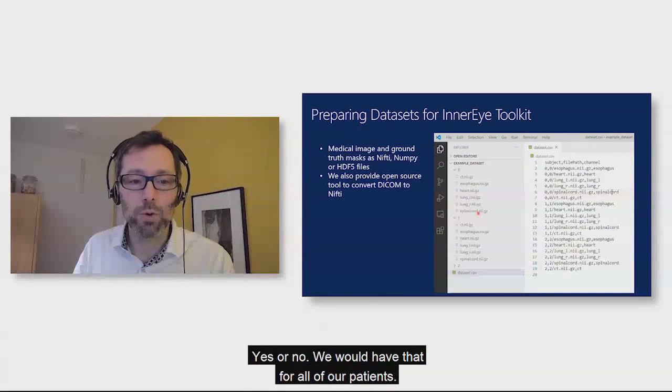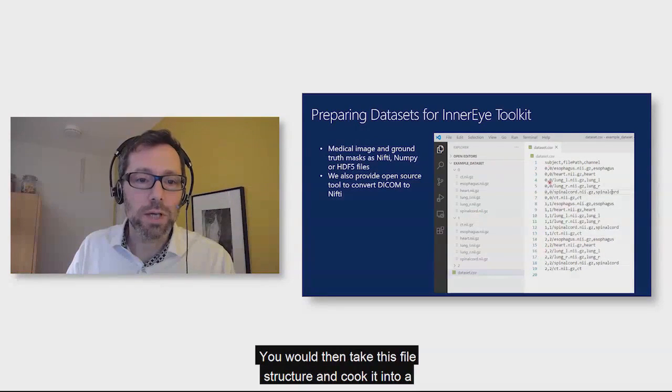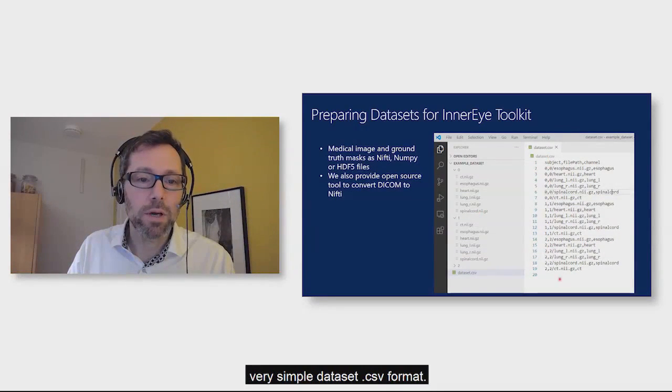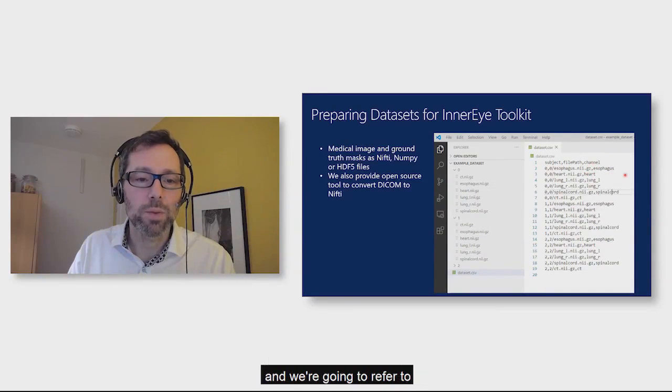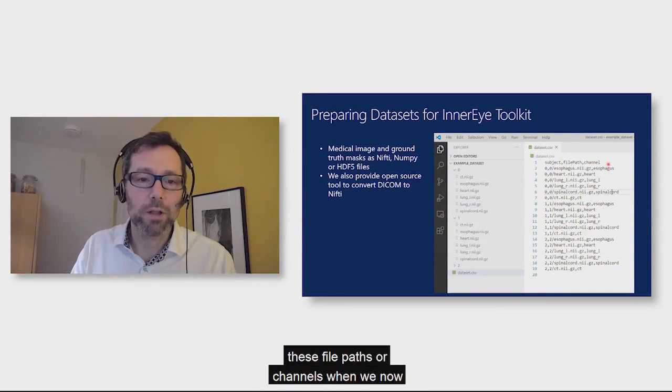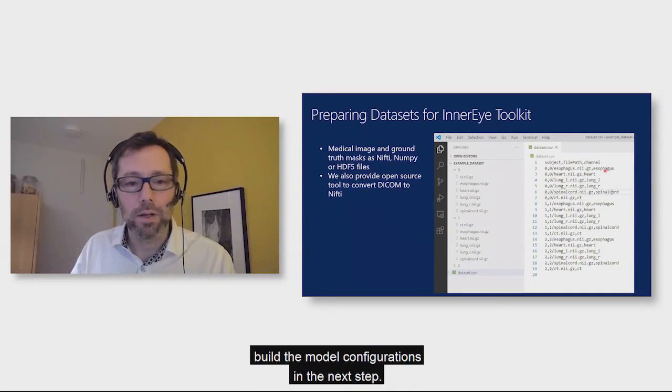And we would have that for all of our patients. You would then take this file structure and cook it into a very simple dataset.csv format. And here in the last column, we have what we call channels. We're going to refer to these file paths or channels when we now build the model configurations in the next step.